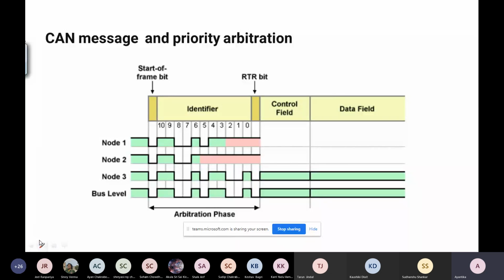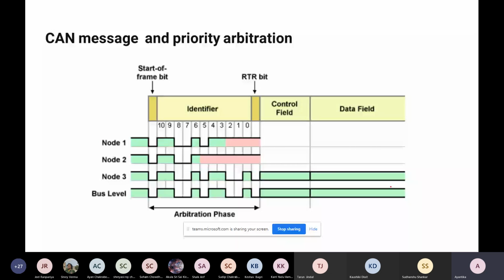So as we discussed, this priority arbitration, or this arbitration field, is mostly important to identify, when multiple nodes in the CAN bus are connected, which of them will get hold of that bus.